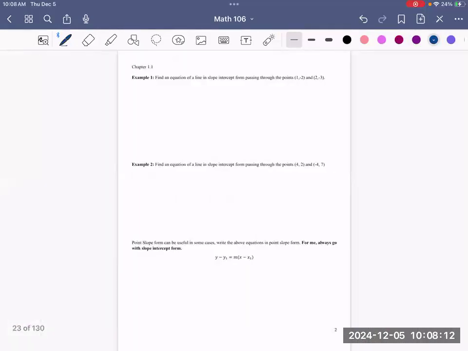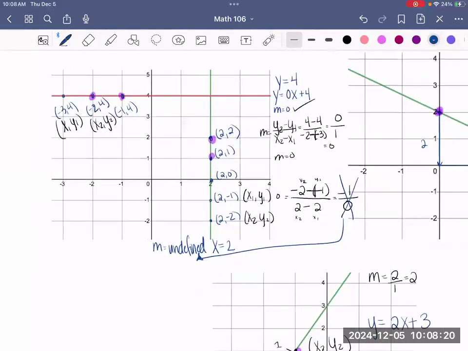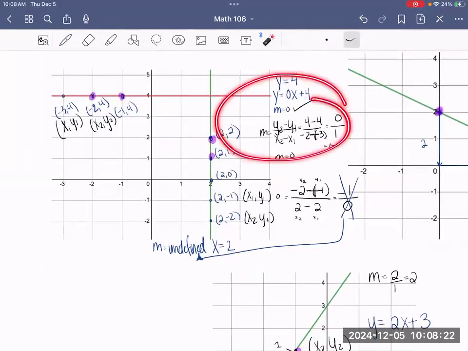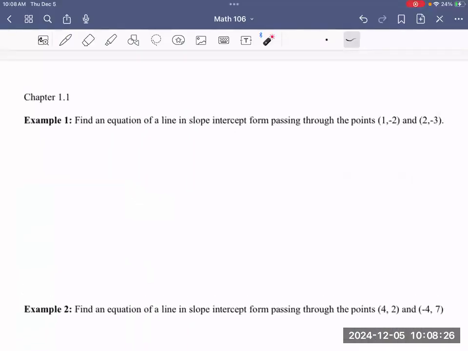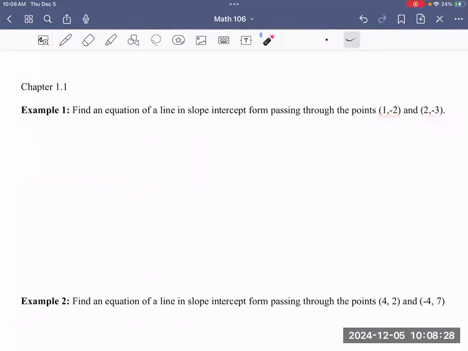So now let's take a look at finding an equation of a line passing through those 2 points. As you saw me do previously, walking you through why this is the case with a 0 slope and an undefined slope, can you do the same with these 2 points?